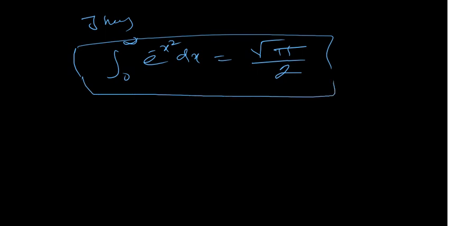So this is the first integral that we have evaluated with the help of Lebesgue integration theory. Now we have another integral that's also important. What's that integral? That's the next theorem.